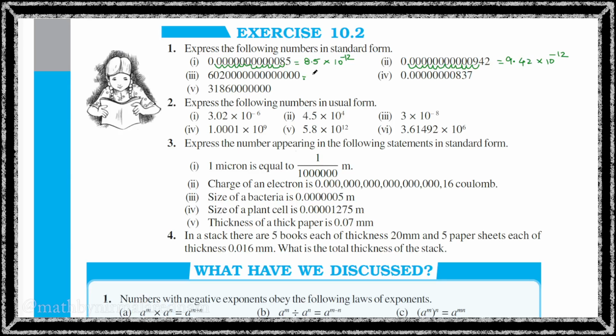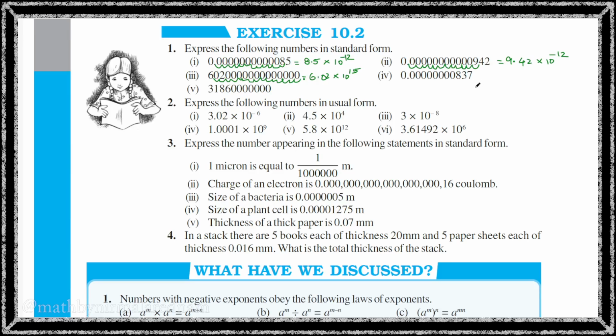And over here it is going to be 6.02 into, now from here 1, 2, 3, 4, 5, 6, 7, 8, 9, 10, 11, 12, 13, 14, 15. So 10 power 15, right?